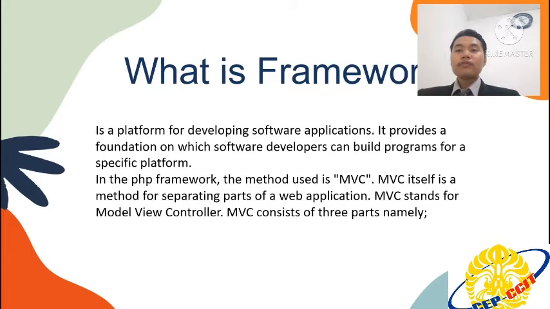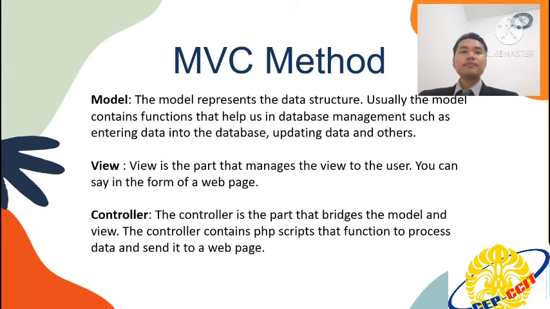MVC consists of three parts, namely model. The model represents the data structure. Usually, the model contains functions that help us in database management, such as entering data into the database, updating data, and others. And then view.